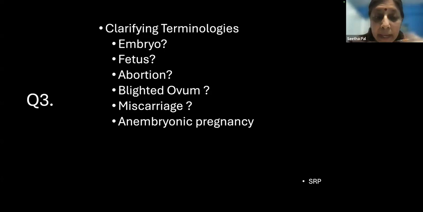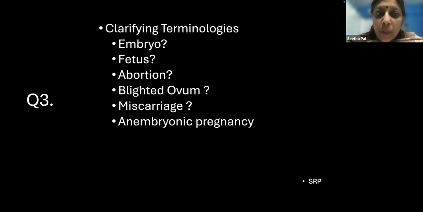And for the various terms that we use when there is going to be a loss, I don't think we should be using abortion terms, because it causes a lot of anxiety to the patient, and also there are issues where we don't know exactly what has been happening scientifically. So we don't use these terms, even blighted ovum.